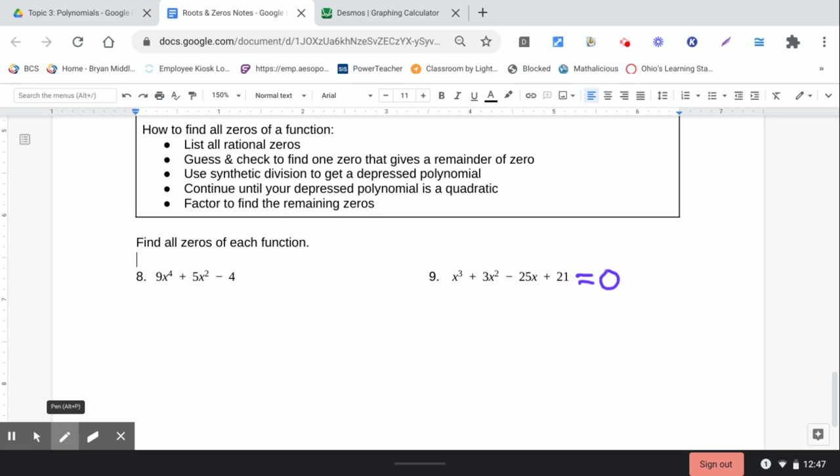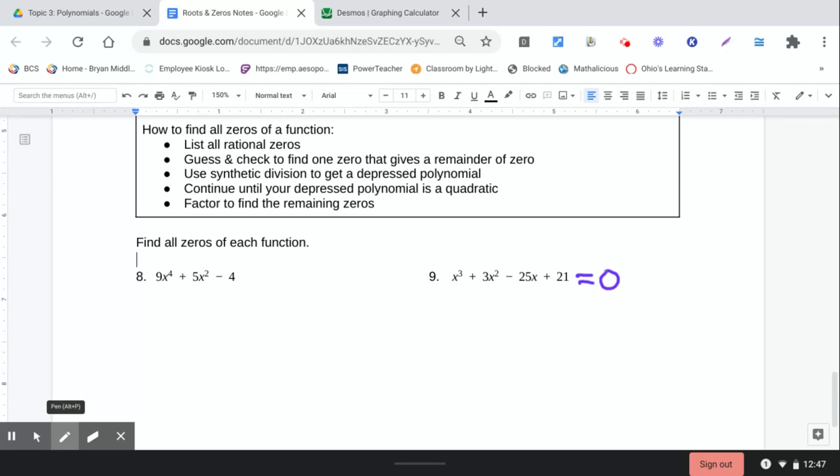Now, on this problem, when we did these before, we were trying to factor them. You can try and factor this by grouping, but I can tell you right now it's not going to work. Okay, so our factoring techniques do not work for this. So what we need to do is figure out the zeros another way.